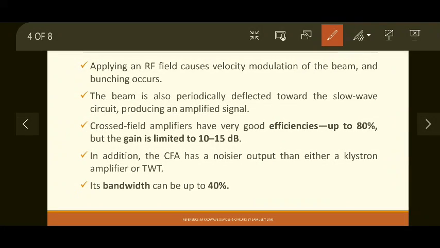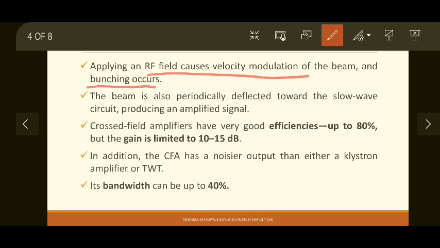Applying an RF field causes a velocity modulation. This process is similar to your TWT. The slow wave structure, which is slowing down the RF input, generates an RF field that causes a velocity modulation, and that causes bunching of electrons in the electron beam.